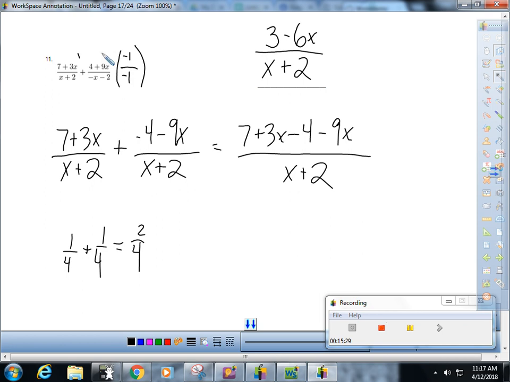But when you're just trying to get the denominators to be alike, all you got to do is multiply by some version of 1. I mean, maybe someone would want to write this like 3 times 1 minus 2x over x plus 2, but I don't need you to do that. I'm just saying those would both be equally good answers.